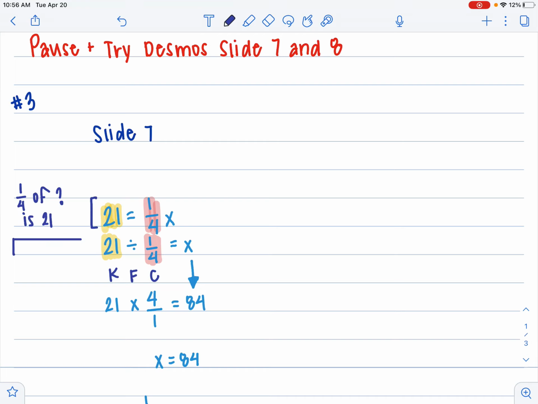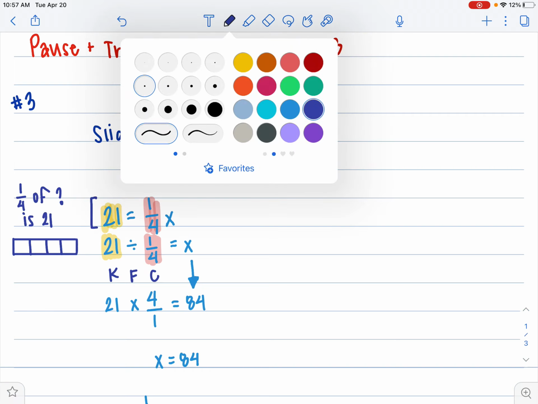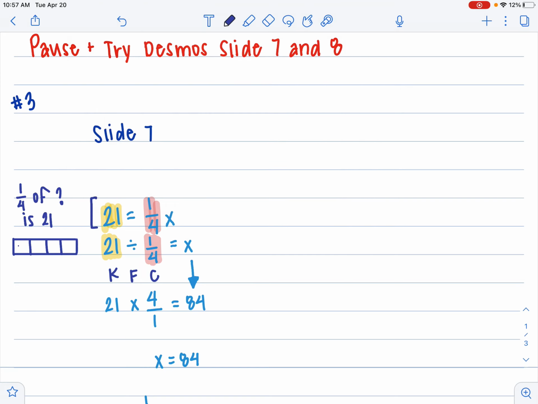If we think about some mystery number representing the whole diagram, and we know that 1/4 of that diagram is 21, we end up with 4 pieces, 21, 21, 21, and 21, for a total of 84. That's another way we could think about this question.